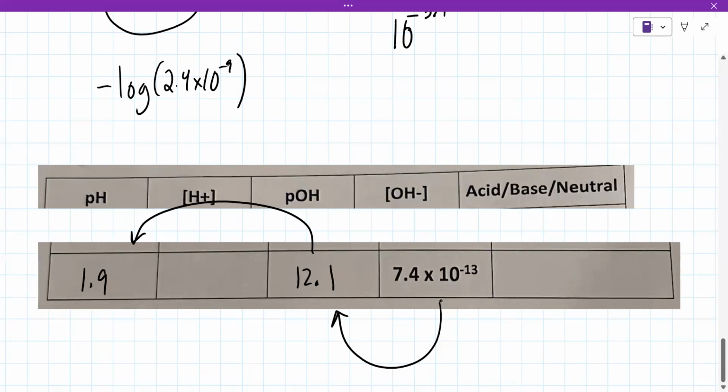And then it's 10 to the minus 1.9. 0.1. Wait, how is that?